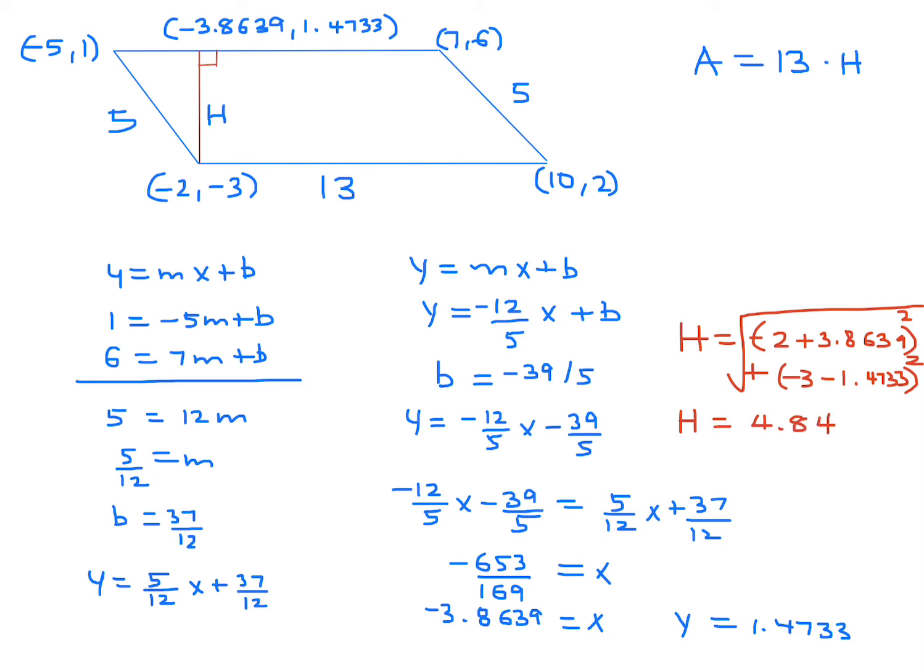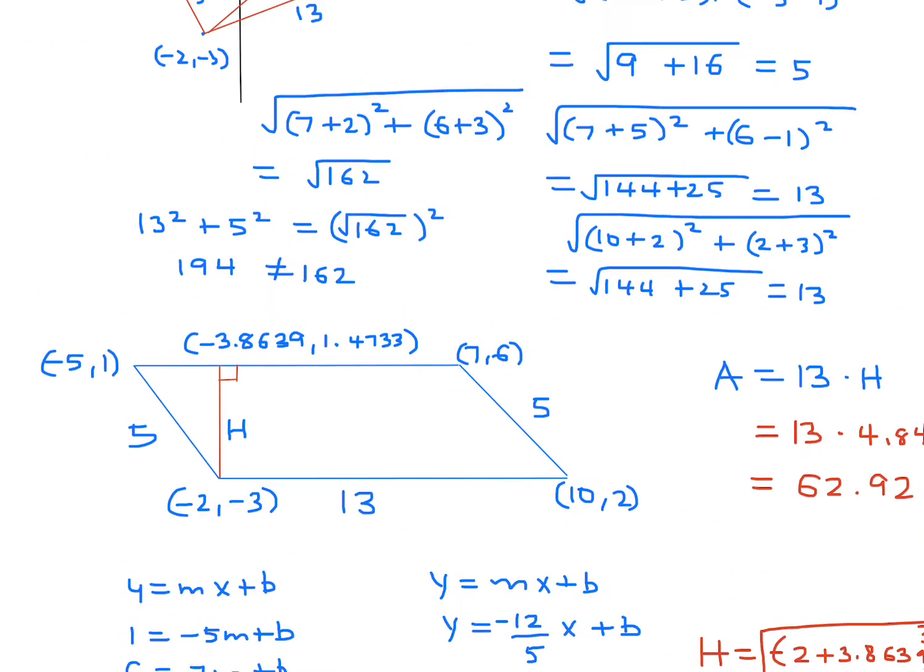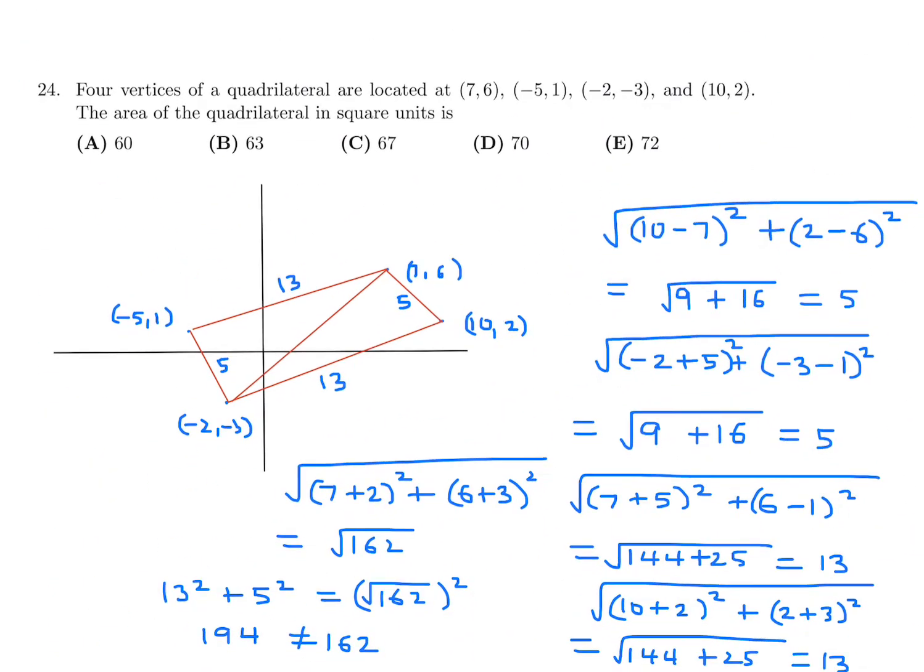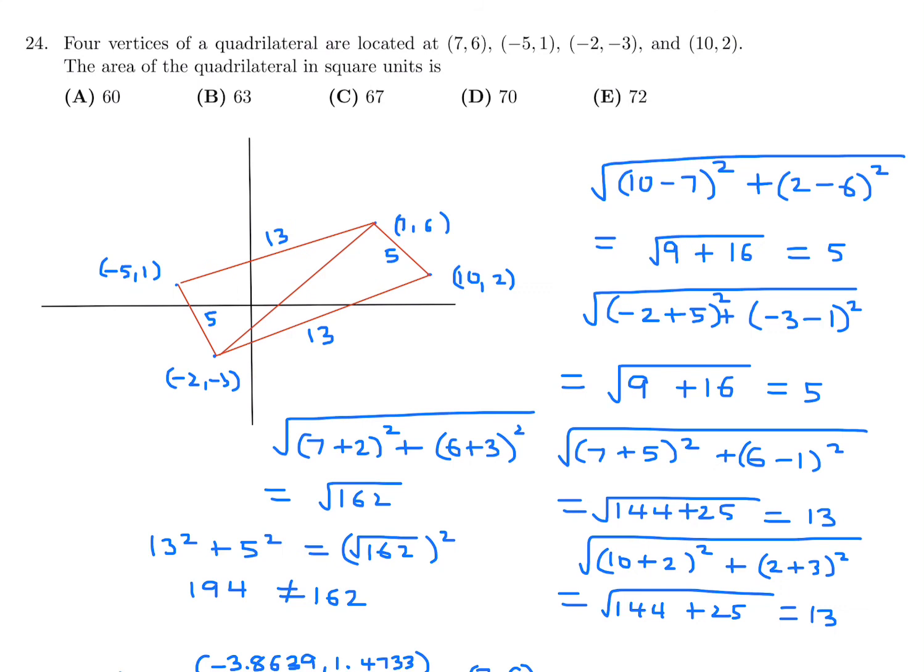Okay, so now let's just put it there. 13 times 4.84 is 62.92. And I had rounded quite a bit here, but when you do this exactly, that's pretty much 63. And therefore, number 24, the answer is B.